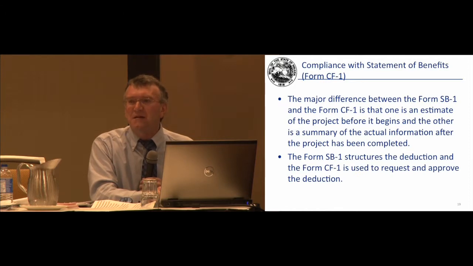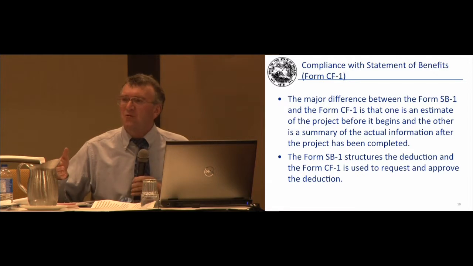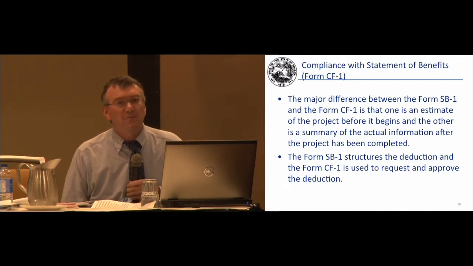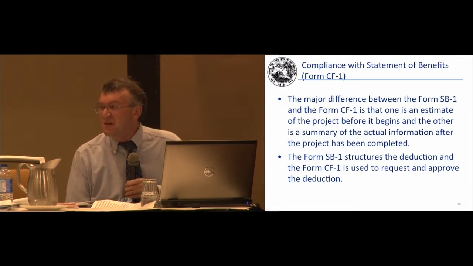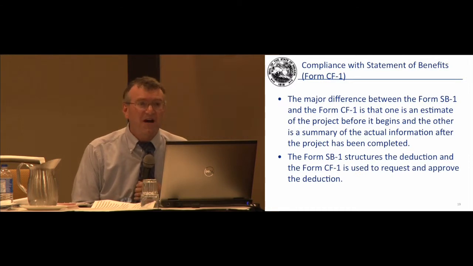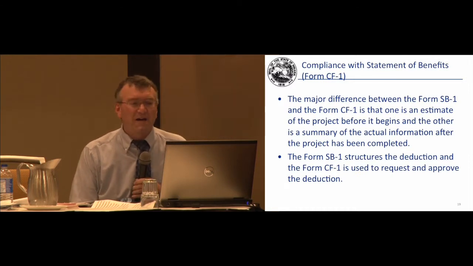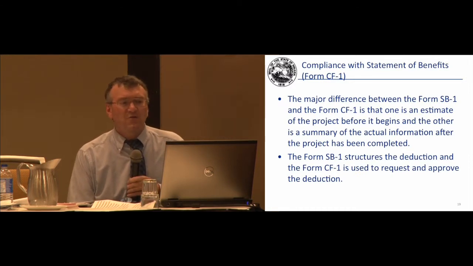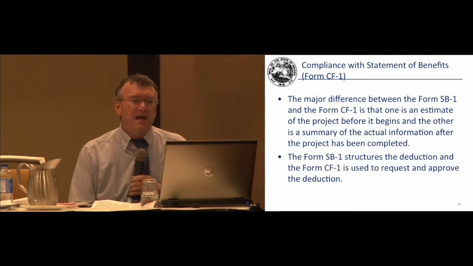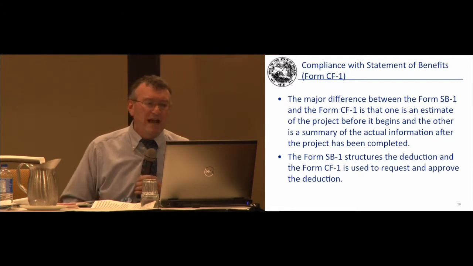One is an estimate before the fact, and one is after the project is complete. Sometimes people will say, well, they promised us a $5 million building and they only built a $4 million building, and they promised us 50 new jobs and they only gave us 45 or 25 or whatever. And we have to remember that one was an estimate and the other was an actual report.